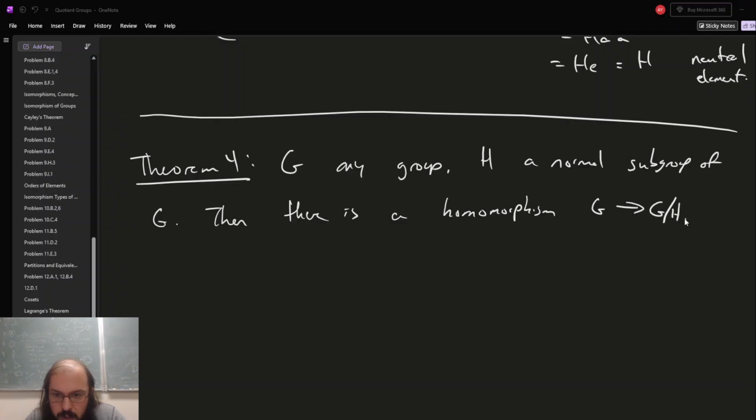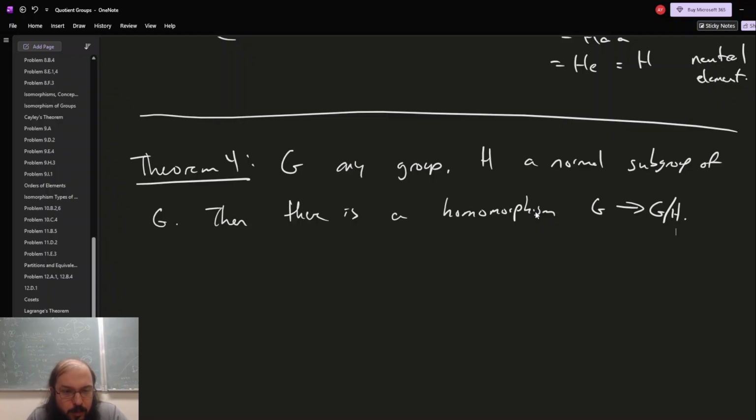So here's how we do this. In light of the previous discussion of coset multiplication not being well defined when H is not normal, we saw in the homework a question that the number of cosets aH on the left was equal to the number of cosets Ha on the right. And the naive idea, which doesn't work, was to send a coset aH to the corresponding coset Ha.